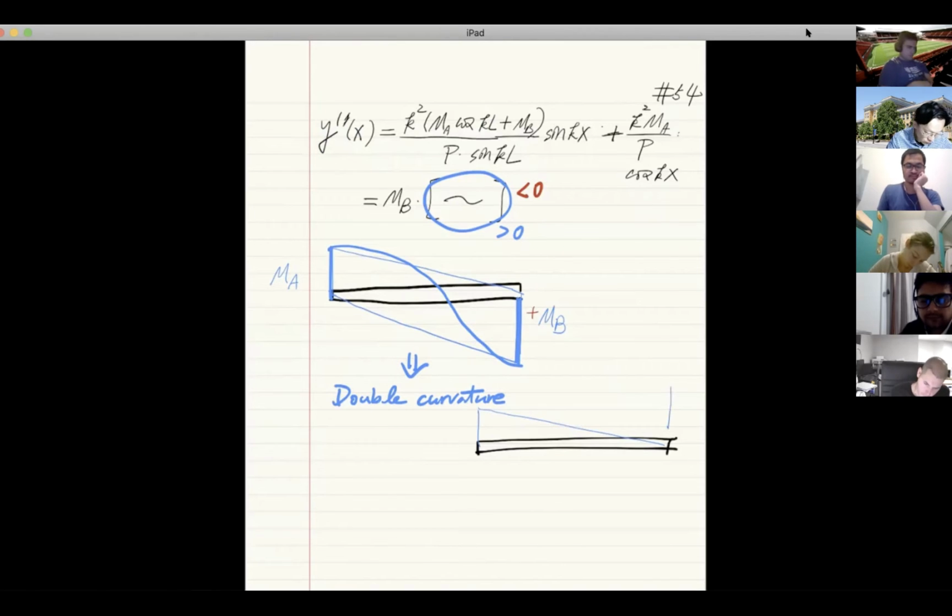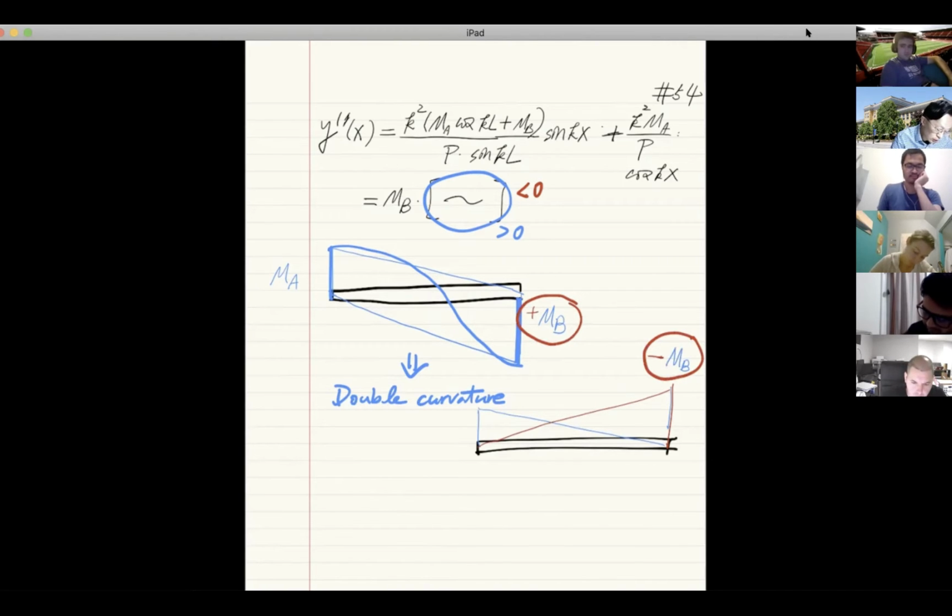And if you use a different color, you can see that it's actually going to be something like this. So this is the case when we have negative MB. Would you agree? Right? So here, this is positive MB and this is negative MB, because now it becomes negative relative to its original definition.